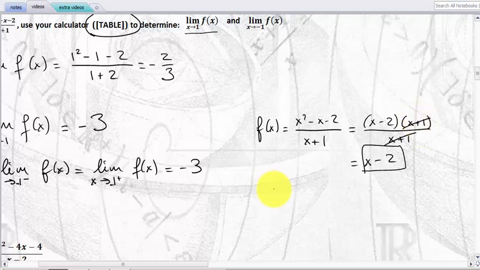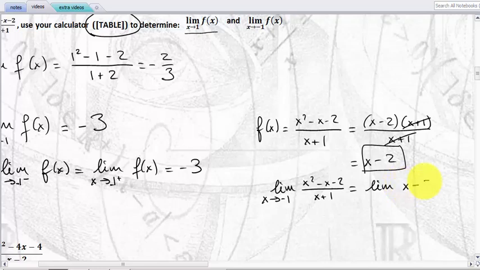But we have a theorem in math that says that the limit of x squared minus x minus 2 over x plus 1 as x approaches negative 1 is going to be exactly the same as the limit of another function that is equal to this one, except maybe at 1 or 2 values or even 10 values. Okay, if you just remove a certain number of values, you're going to have the same limit everywhere.